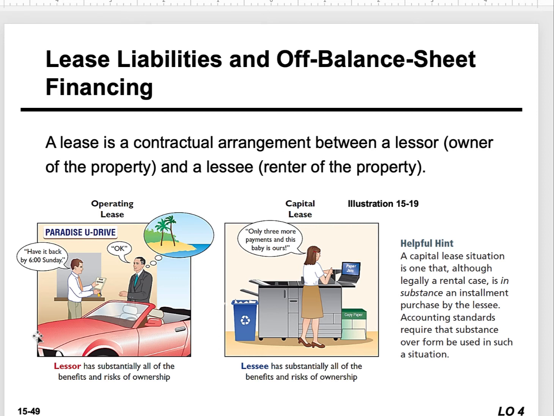Operating leases state that you make payments or rent payments, so to speak, but that asset that Preston's using to make pizzas, at the end of the lease, has to be returned to me. That's an operating lease. The slide uses the example of renting a car.